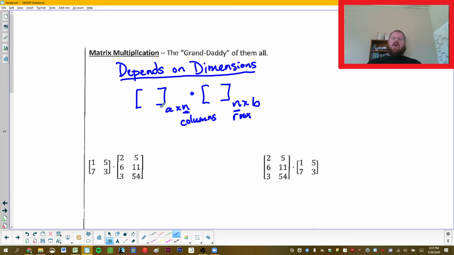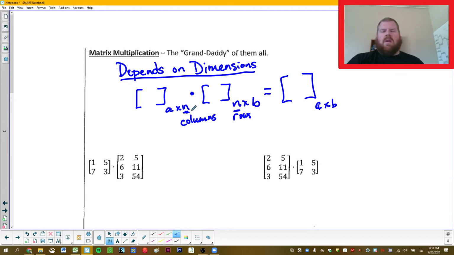And then in addition to that, what you end up with will be a matrix that is A by B, meaning that there are A rows and B columns in your product. Okay?